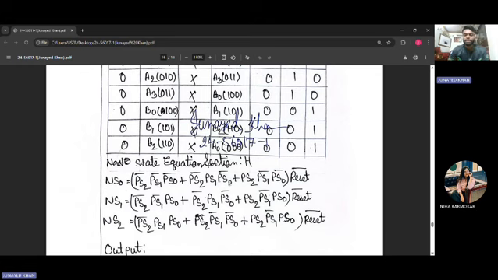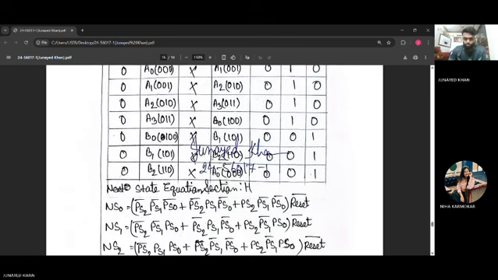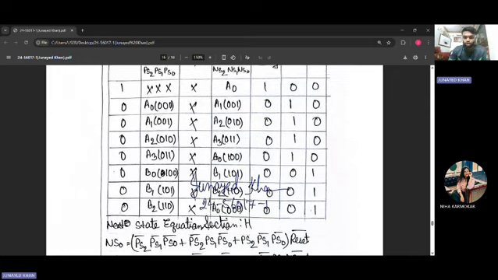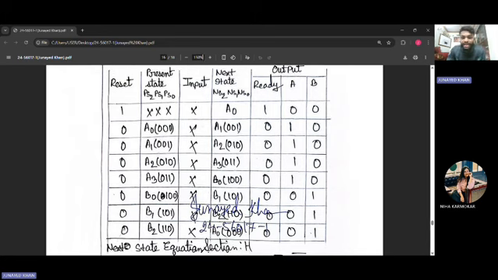Sequentially we will go like this, because for ns0 we have to compare with the present state, PS2, PS1, and PS0.